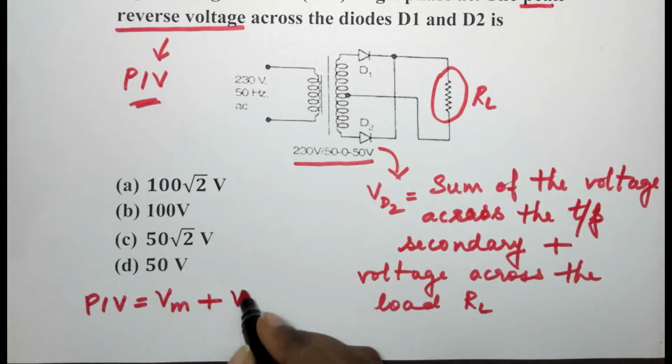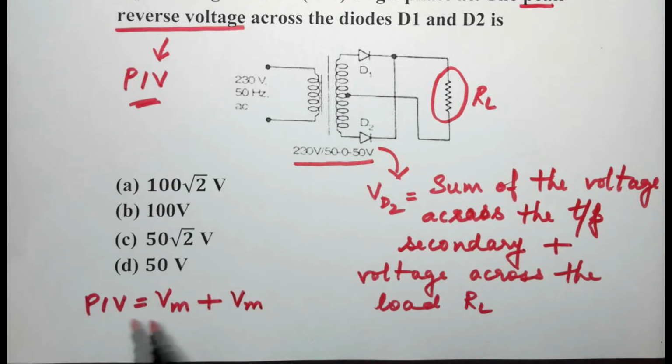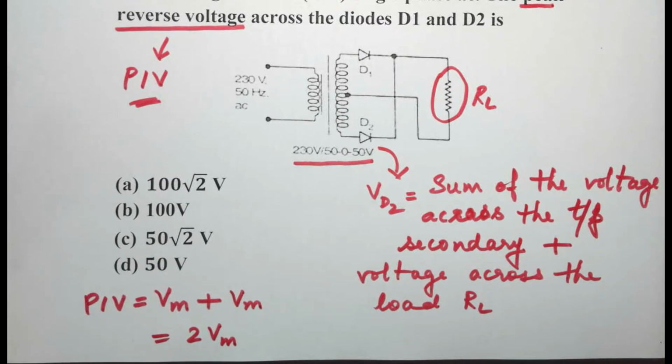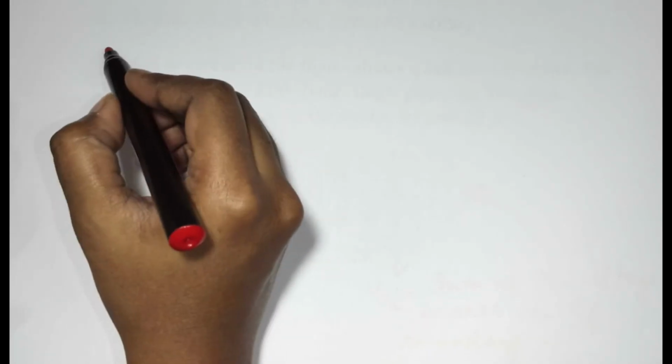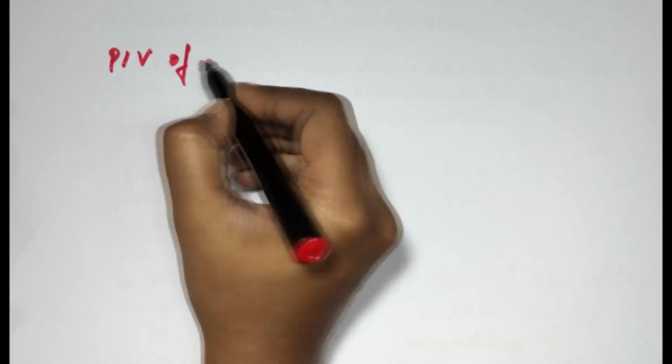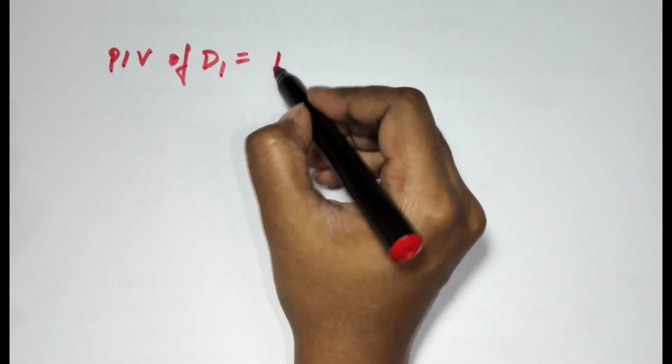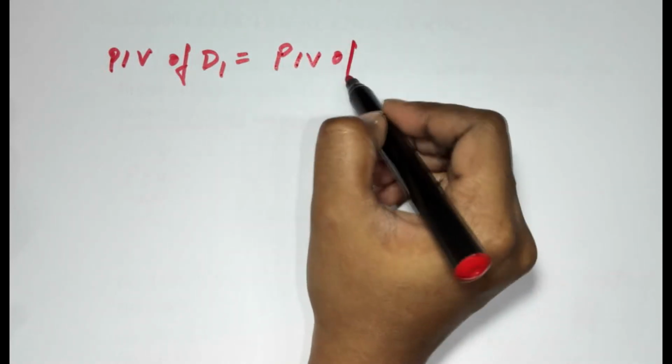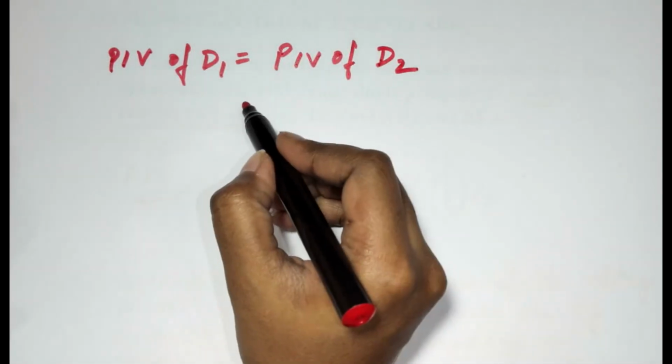So PIV is equal to 2VM. So far we have PIV of D1 is equal to the PIV of D2, which is equal to 2VM, right?